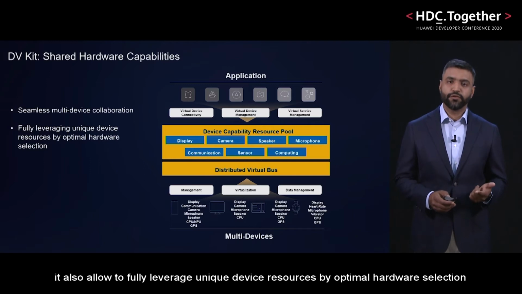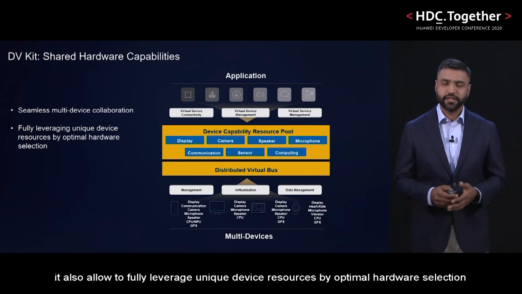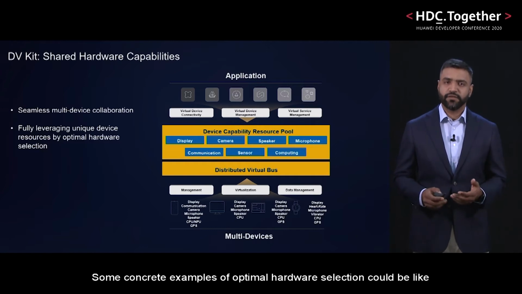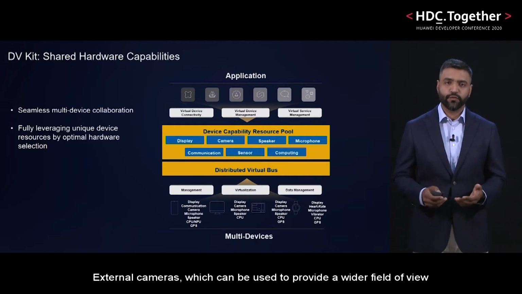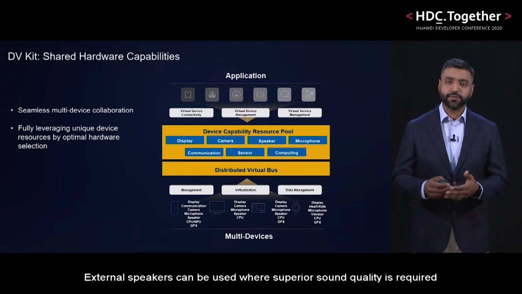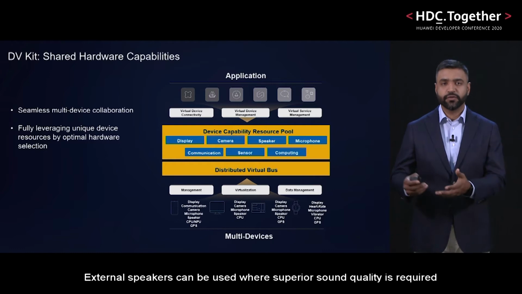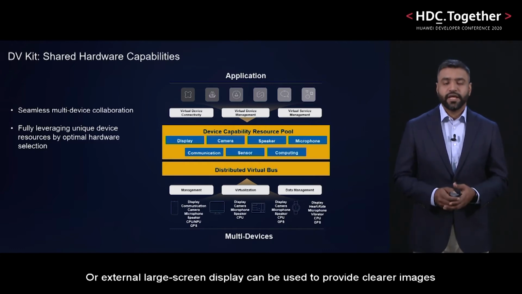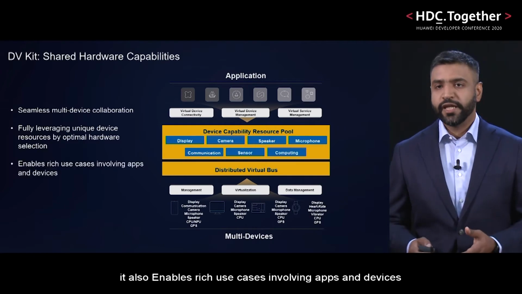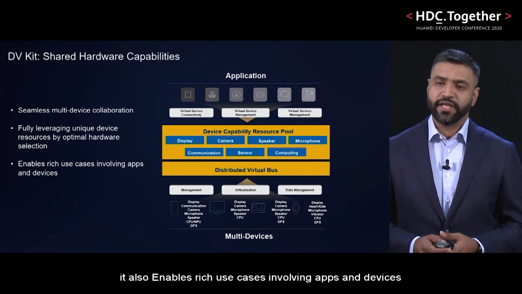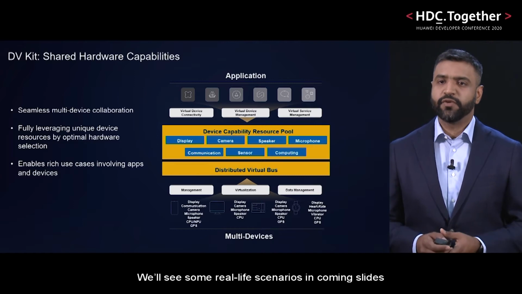It also allows us to fully leverage unique device resources by optimal hardware selection. Some concrete examples of optimal hardware selection could be an external camera, which can be used to provide a wider field of view, an external speaker where superior sound quality is required, or an external large screen display to provide clearer images. It also enables rich use cases involving apps and devices, and we'll see some real-life scenarios in coming slides.